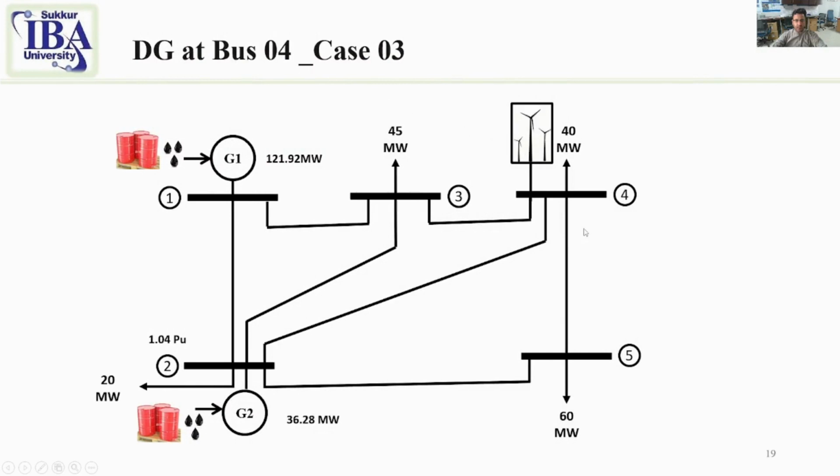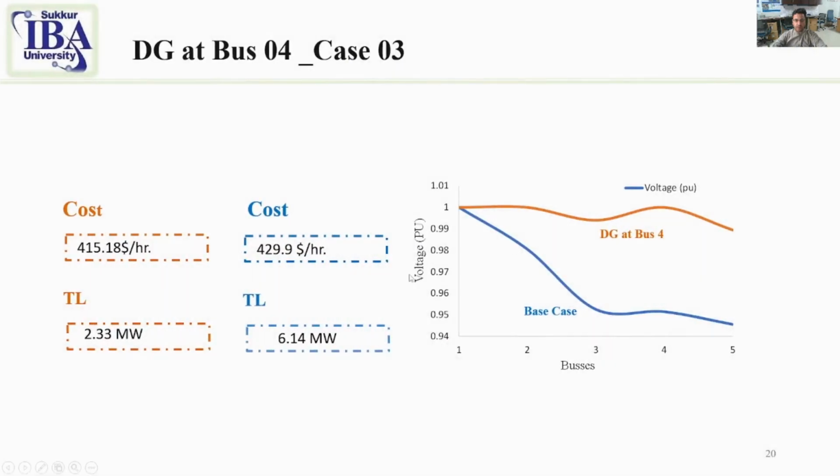Then we again put the DG on bus number 4. Case 3 shows that the DG is on bus number 4. So this is the cost of a base case, and that is the optimized cost. Means when we put the DG on bus number 4, this is the cost, $415.18 per hour.